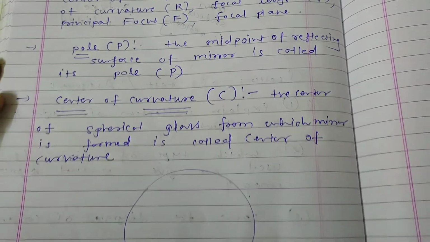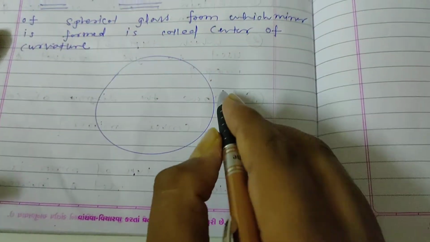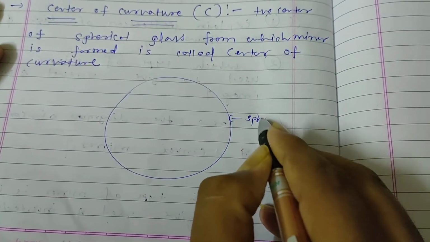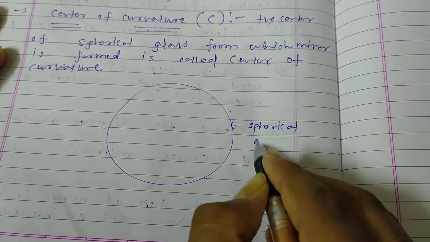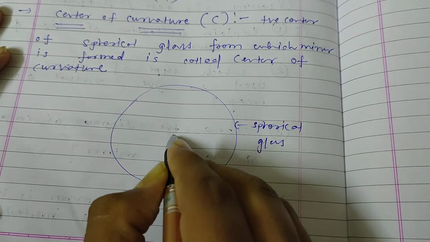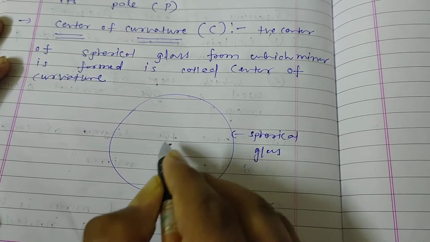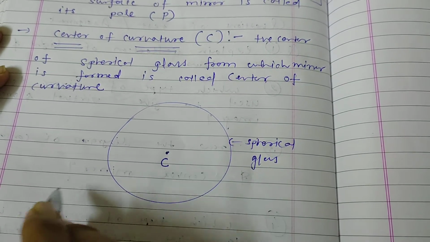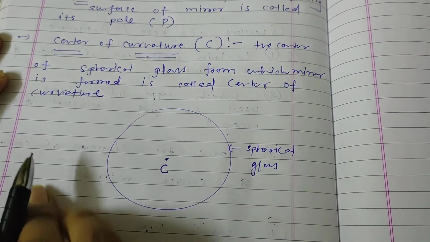That is the spherical glass. Its center is known as the center of curvature.